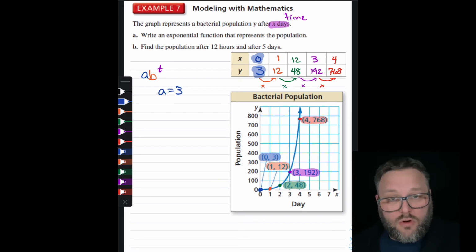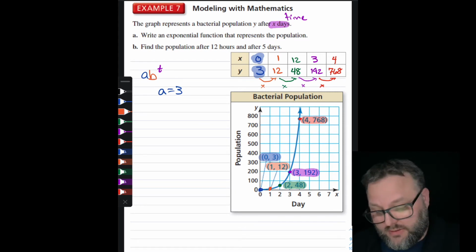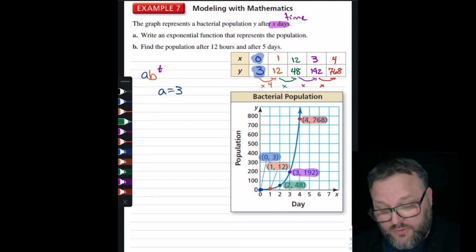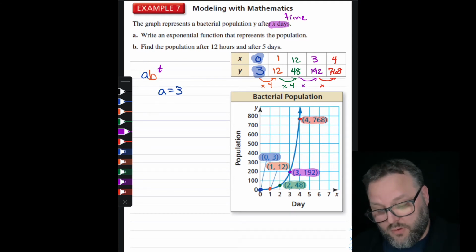So now we need to worry about what is B. Well, B is what we're multiplying by to go from one term of Y to the next. So we have to ask ourselves, how do we go from 3 to 12 using multiplication? Well, that's multiplying by 4. Now, how do I go from 12 to 48? I multiply by 4. How do I go from 48 to 192? I multiply by 4.